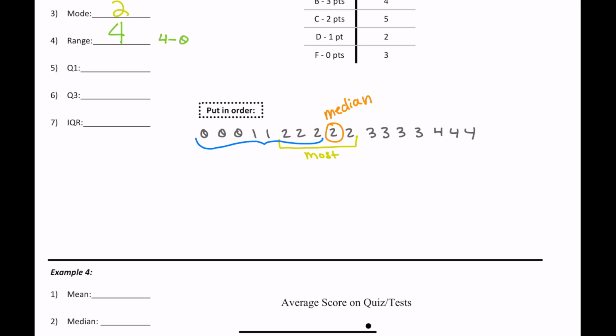Okay, so there's 8 of these. So my Q1 is going to have 2 middles. There's 8 numbers here, so I'm looking for the 2 in the middle, and half of 8 is 4. So this is the middle. We're going to be using these for our Q1.